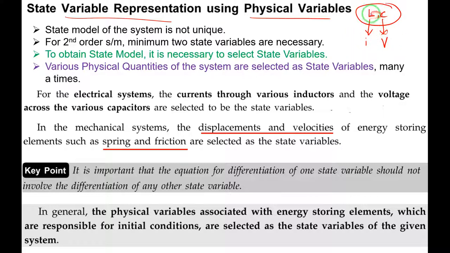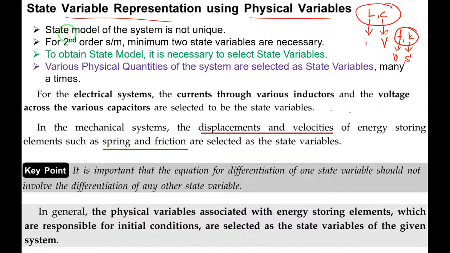For a mechanical network, the physical components are the damper element and spring element, and the associated physical variables are velocity and displacement. Let me represent displacement as S.